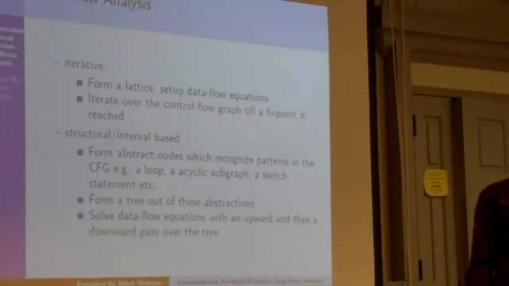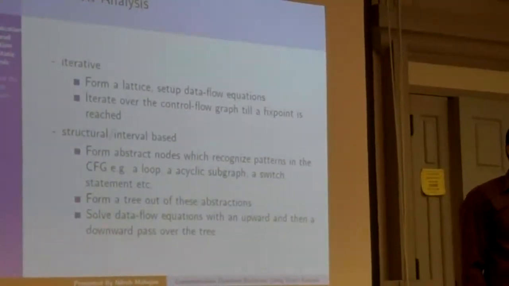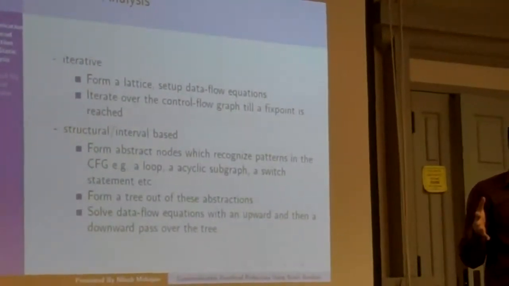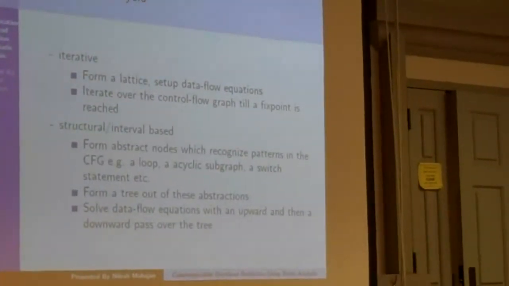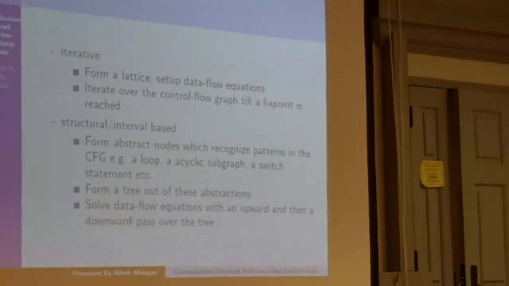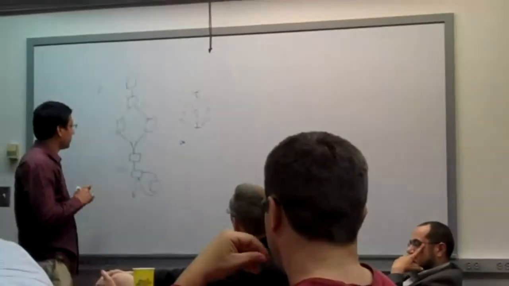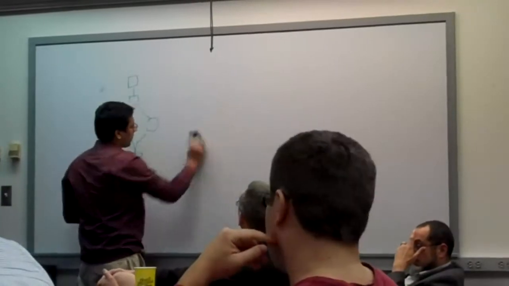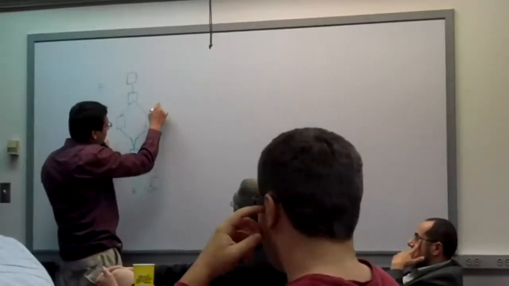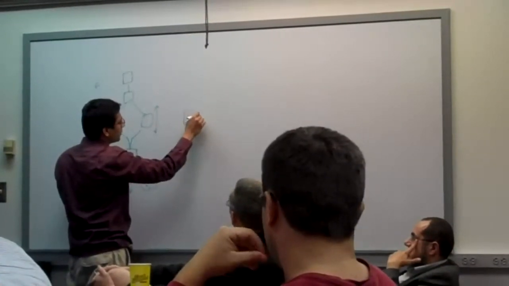Another one is what is called a structural or interval-based approach, where you take into account the structure of the CFG that you have created. For example, in the iterative approach, you do not take into account that this is actually a loop, or this is an if statement. What you can do is merge this region into one block and call it if then else.